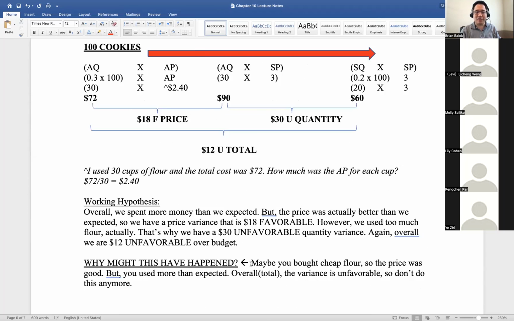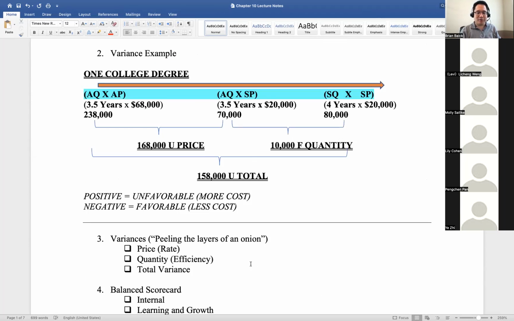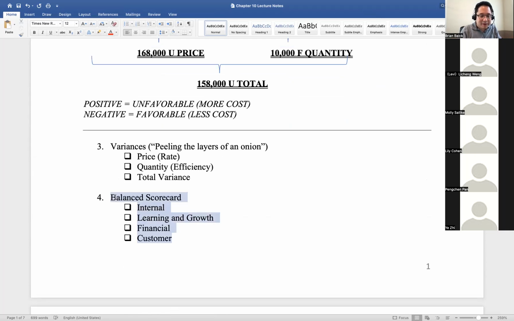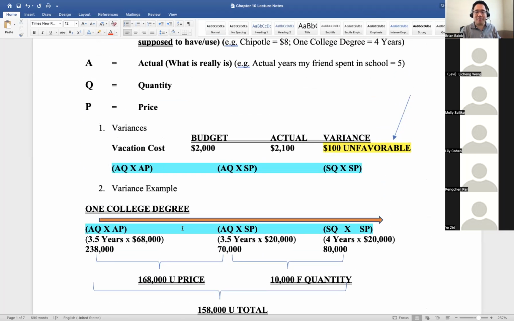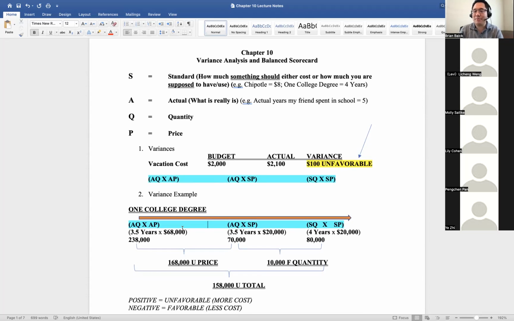Additionally, next time we're going to talk about the balanced scorecard, which I didn't get to talk about today, but we'll discuss that in class next time. I'll make sure I post the notes for you, and the chapter 10 material is already available. So if you want to start working on it, you certainly can. Any other concerns, questions, comments, anything else you wanted to mention?